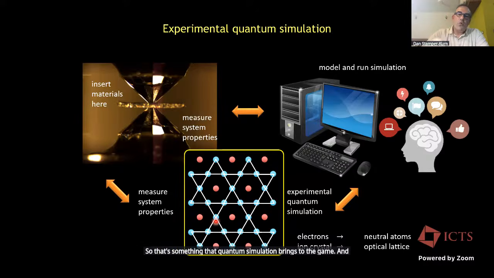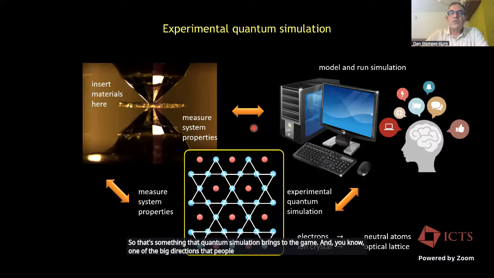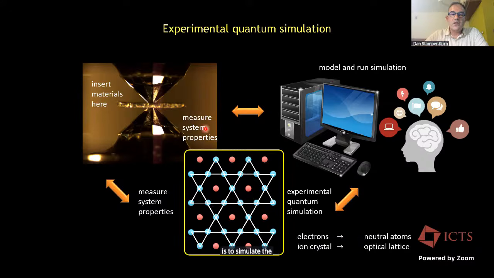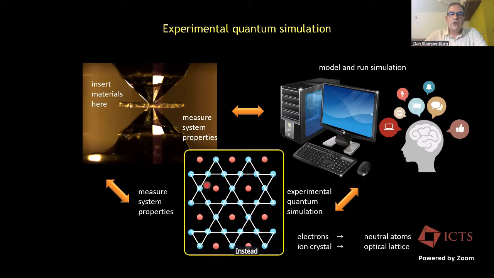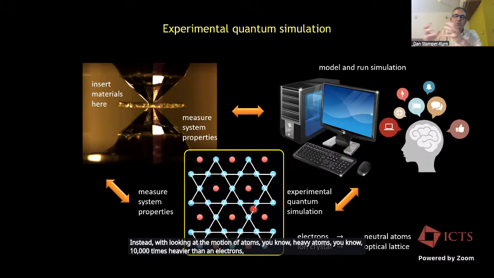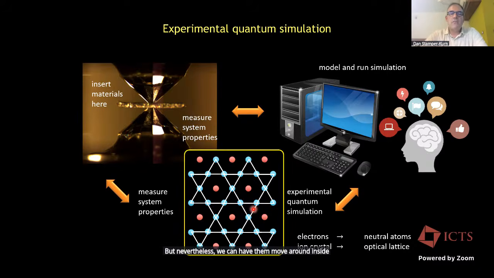And one of the big directions that people have followed in the area of quantum simulation is to simulate the properties of solids, where electrons move around inside of an ionic crystal. Instead, we look at the motion of atoms, heavy atoms, 10,000 times heavier than electrons, but nevertheless, we can have them move around inside of periodic potentials that we establish using laser light, in these things called optical lattices.